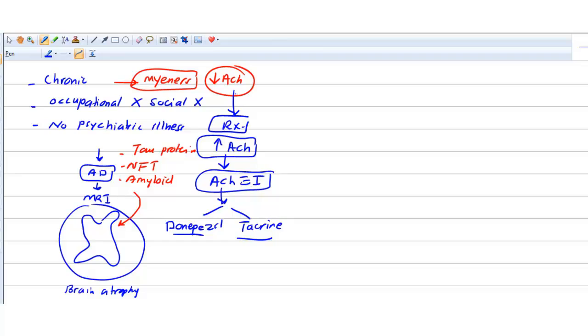There is another drug, but it's not with acetylcholine; it inhibits glutamate, so it inhibits the NMDA receptor.